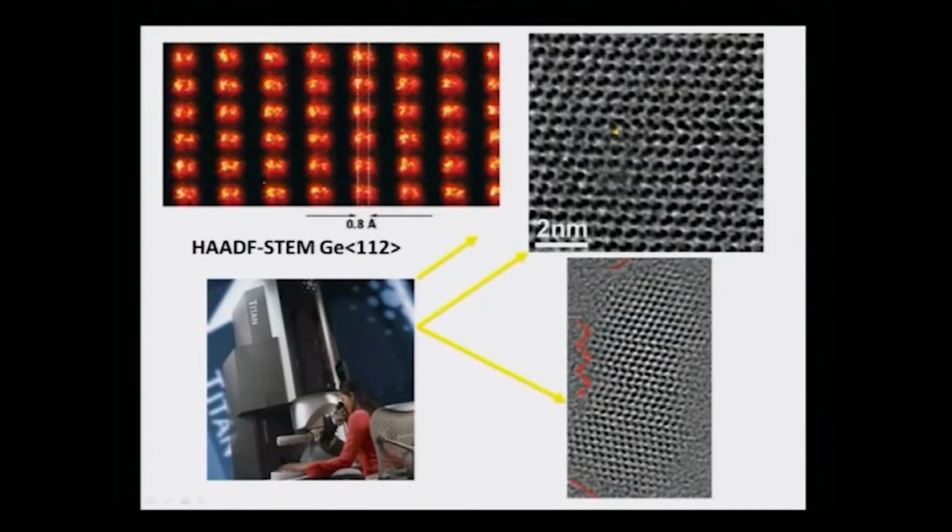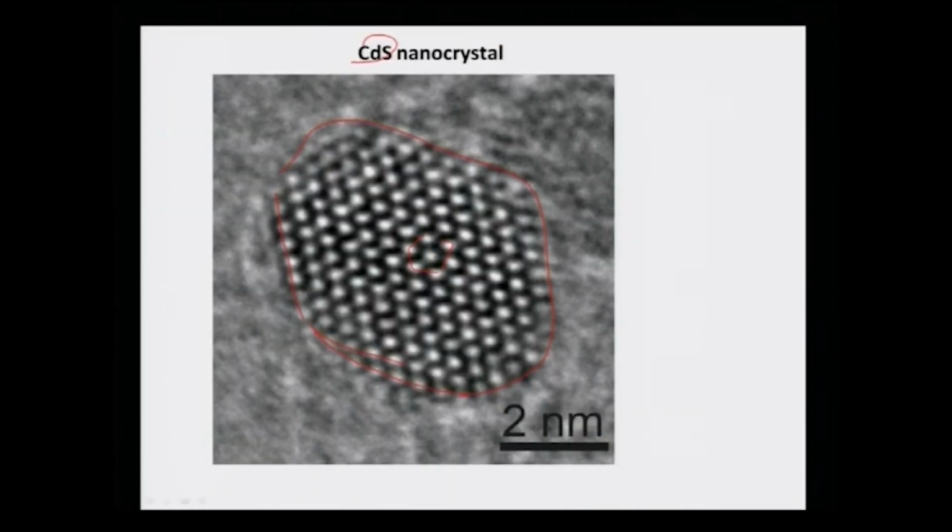The advance has happened so much that the microscope called Titan, which has the best possible resolution in the world, can even tell you the type of atom present on the sample. If I go back here, I cannot tell from this high resolution image whether this is a cadmium atom or a sulfur atom.